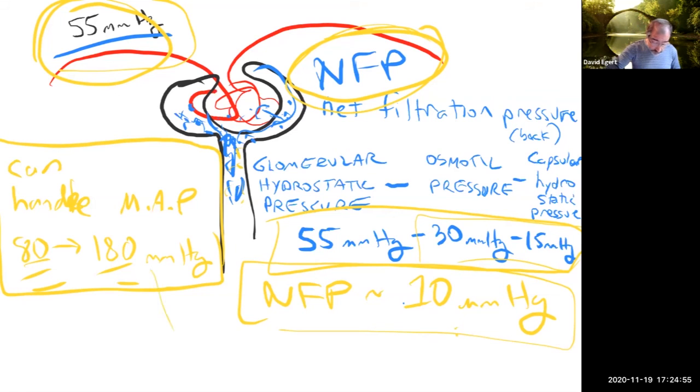But if your blood pressure gets way too high, you might be driving it too hard, or if your blood pressure gets really low, that's going to affect the ability of your kidneys to function properly because you're not going to be making adequate filtrate. So again, having low blood pressure is going to affect your kidneys. So net filtration pressure is driving what we call the glomerular filtration rate. So you should know this, GFR.